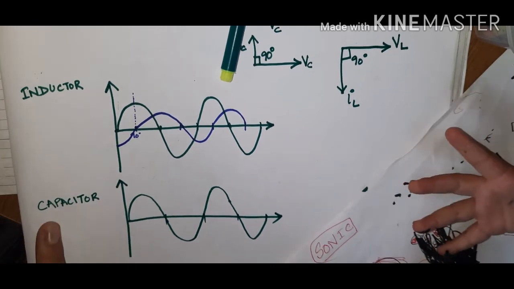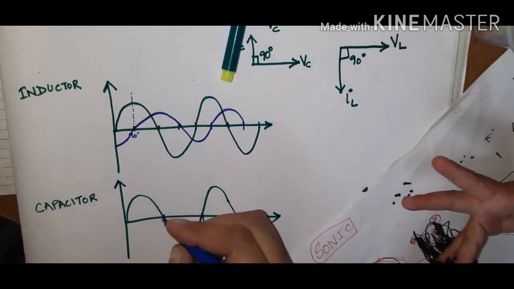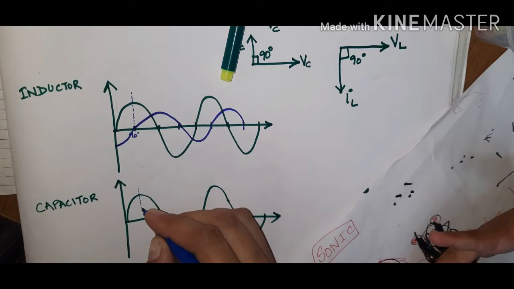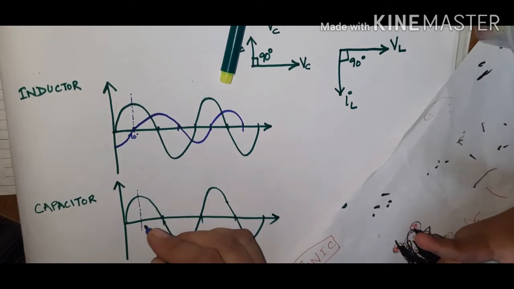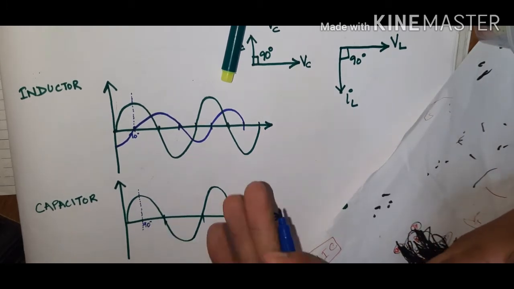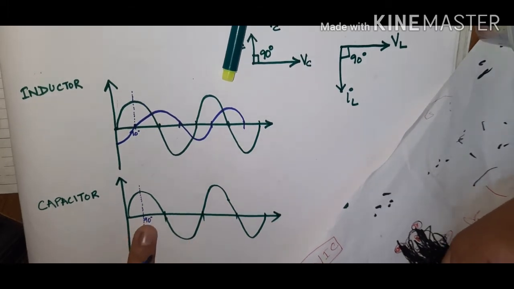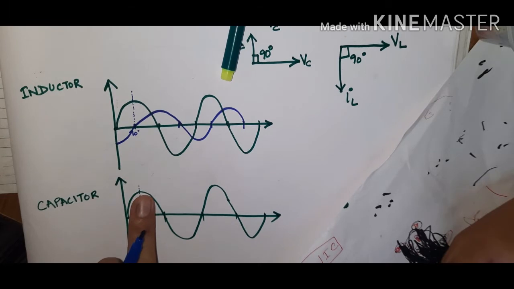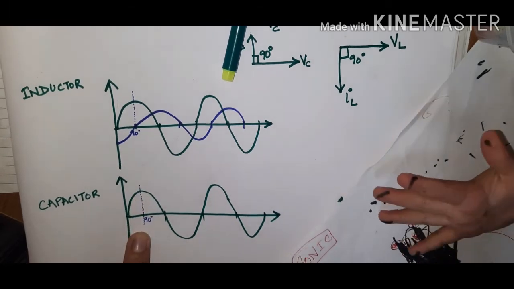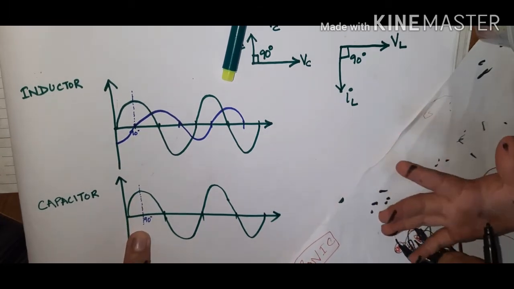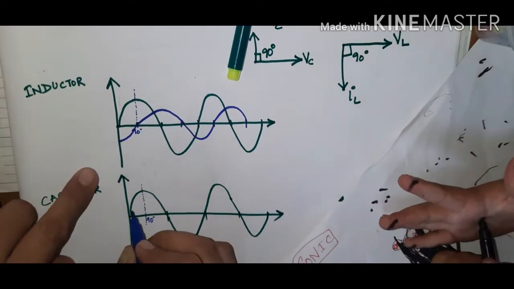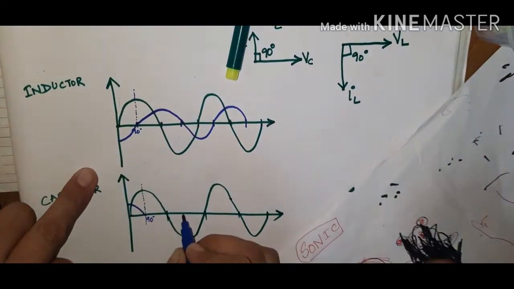But in the case of a capacitor, if your voltage is obtaining its maximum value at 90 degrees, then the current attains its maximum value 90 degrees before the voltage attains its maximum value with respect to time. So this is the current waveform.